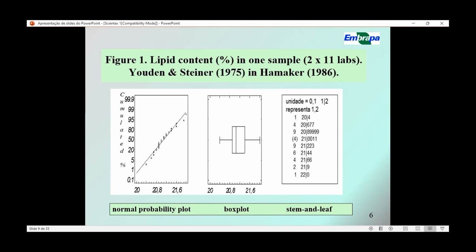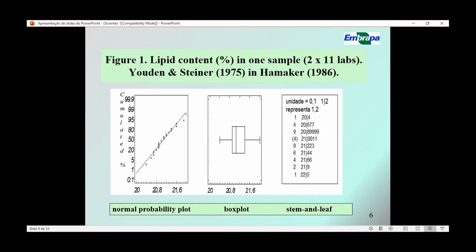We have three plots here: the normal probability plot, the box plot, and the stem and leaf plot. In the first plot, we can say there is some closeness to one straight line, but at its ends, some points did not fit well.